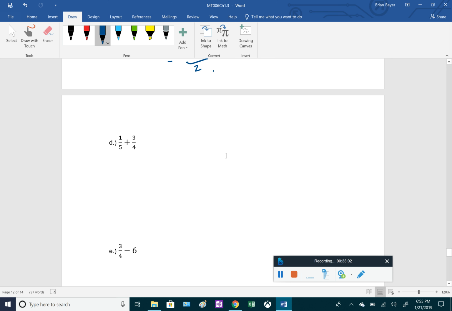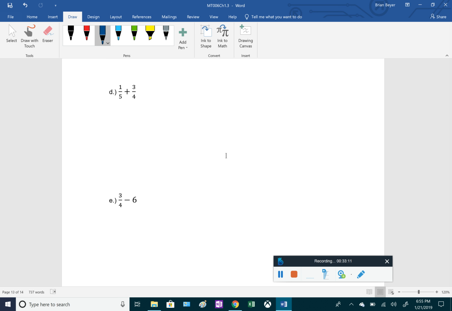Okay, and the next one for D. Now they do not have same denominators. We have 1/5 plus 3/4. So now we have to find the LCD between those denominators. If you need to write them out, I'll do it just this once. We're going to have the multiples of 4, and then the multiples of 5, and then see which is the smallest number they have in common.